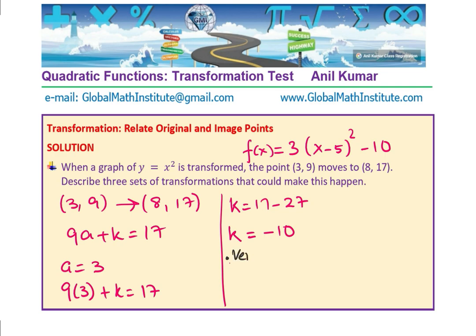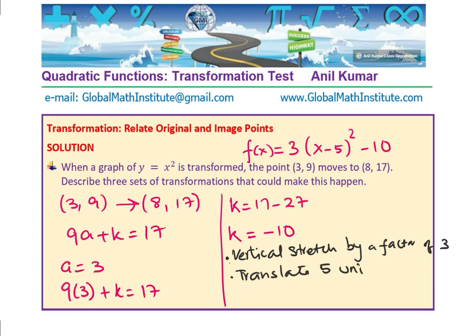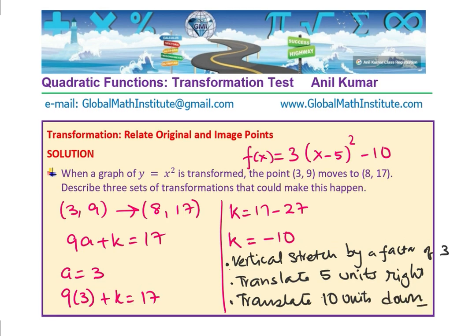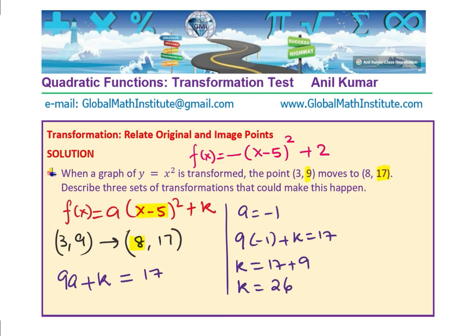We are saying vertical stretch by a factor of 3, translate 5 units right, and translate 10 units down. Does that make sense? Likewise, you could describe the other transformations, which I didn't.